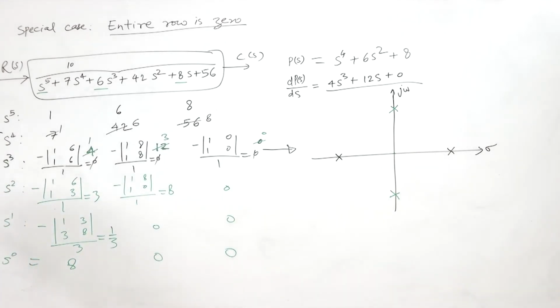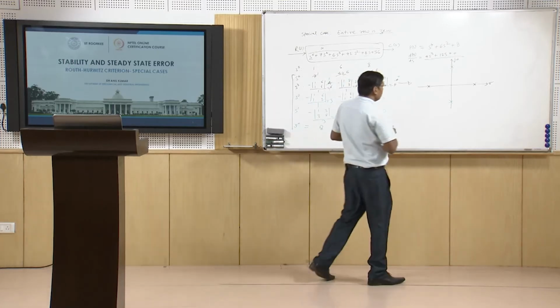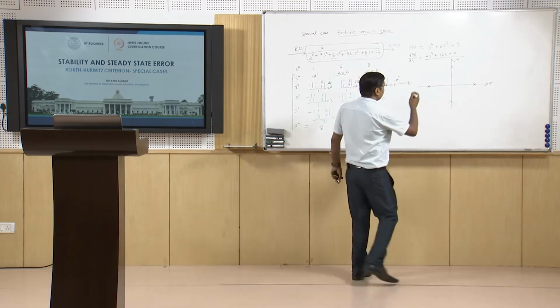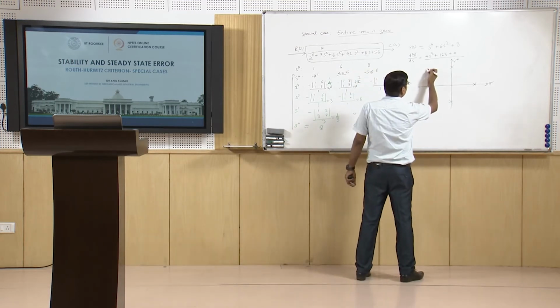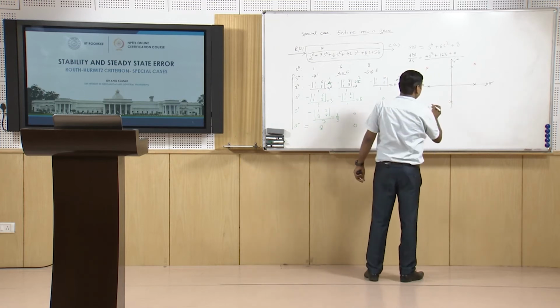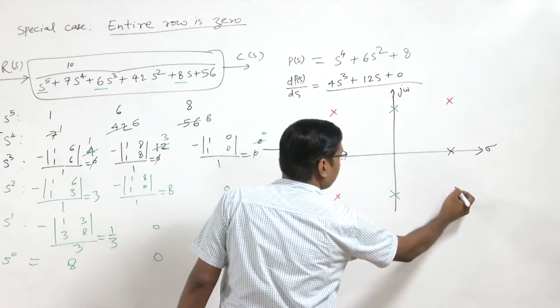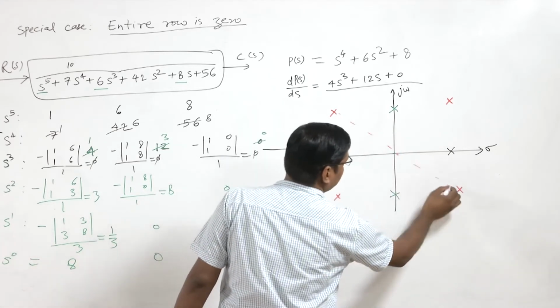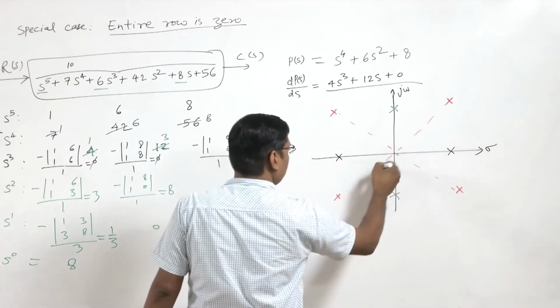Another symmetry is possible with quadrantal roots. If the roots are like this, four roots, they are symmetrical about the origin.